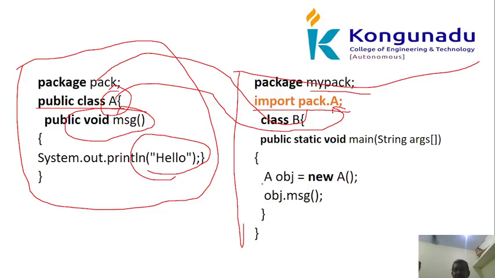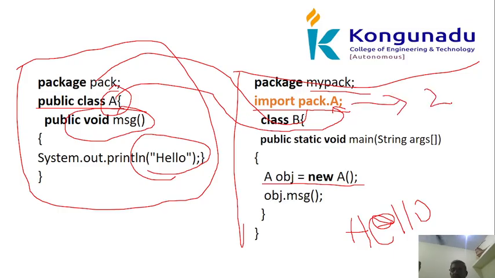You create one object of the class from the other package, A object equal to new of A, and then object dot message. You will get the output, hello. So this is the second method to access your packages.